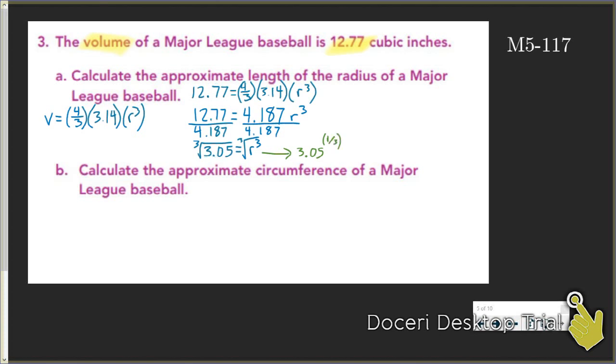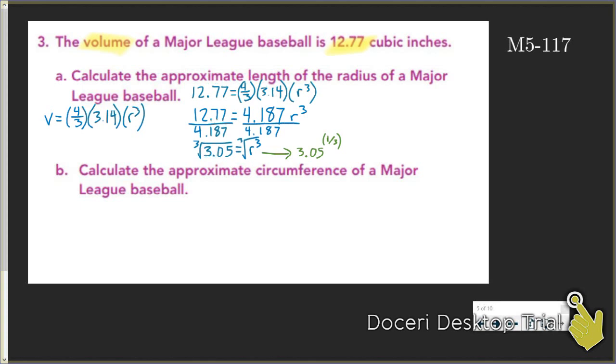So if your calculator doesn't have a cube root, you can type in 3 and 5 hundredths and then hit your, I call it a caret key to make it a power, and then do parentheses 1 divided by 3, and that will give you the same answer.